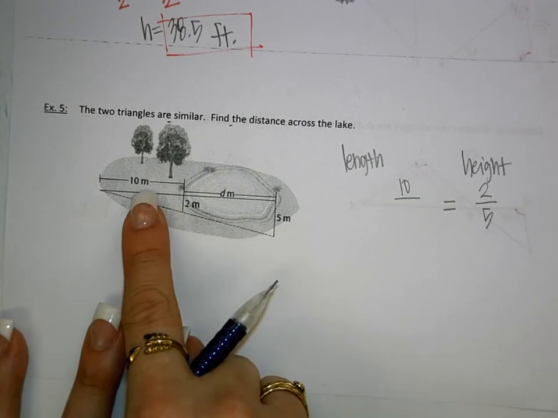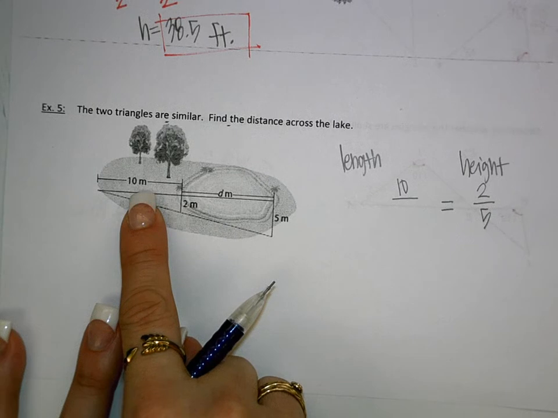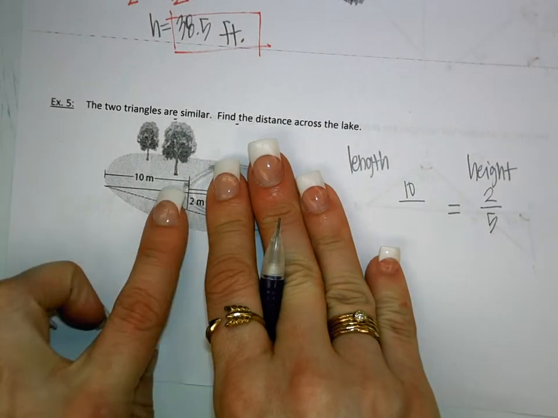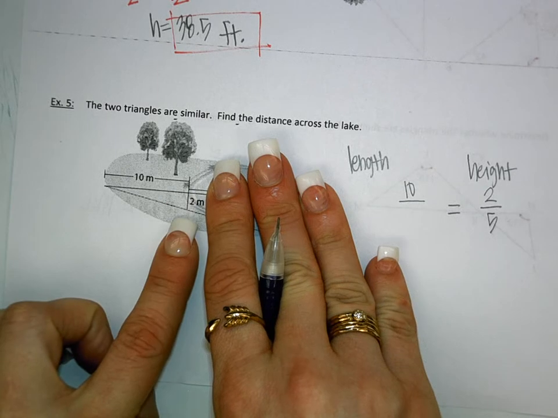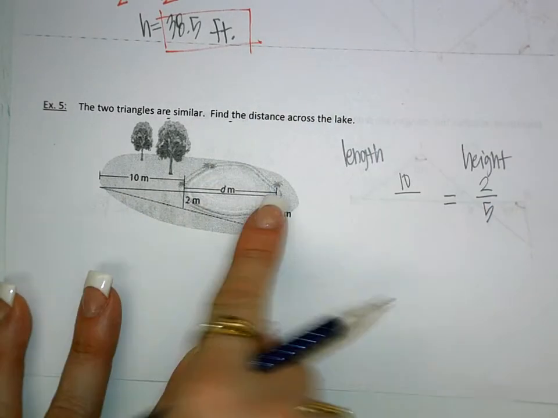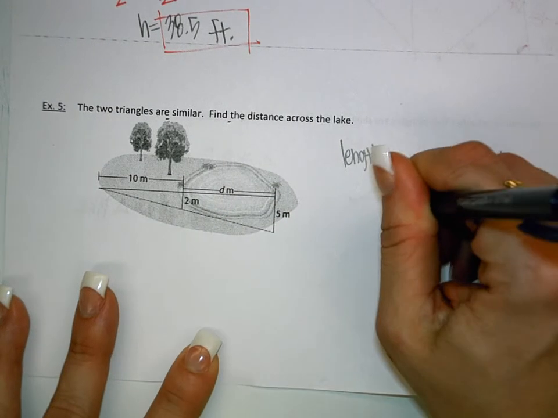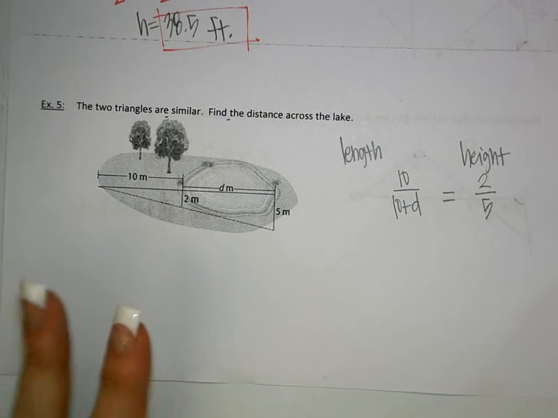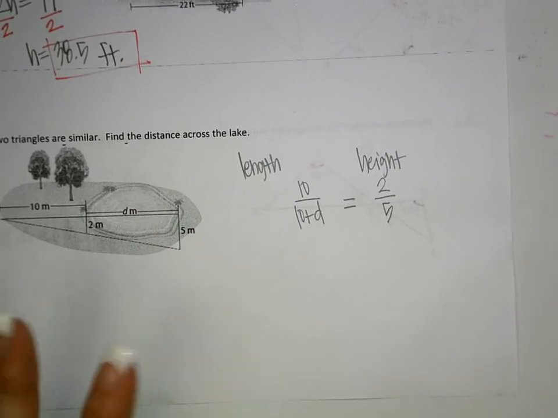It's D plus 10. This little triangle right here is 10 across and 2 high. The whole thing is 5 high, but its length is 10 plus D. So it's not giving you the whole length, but you can still do that. We're still going to cross multiply.